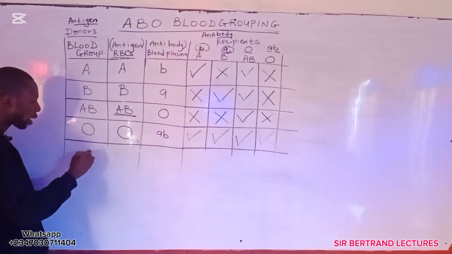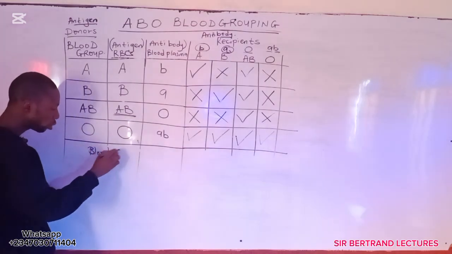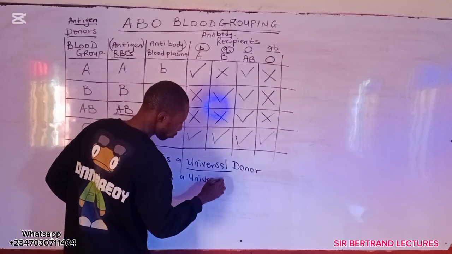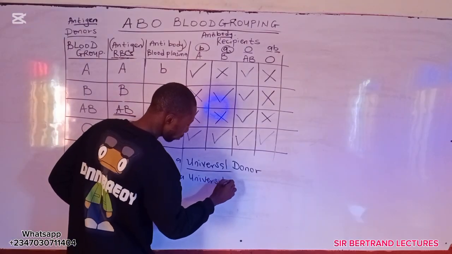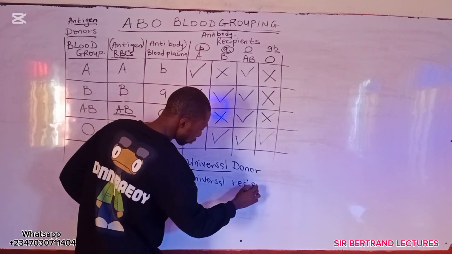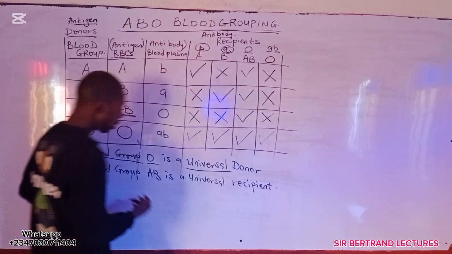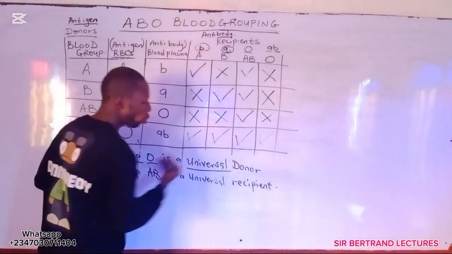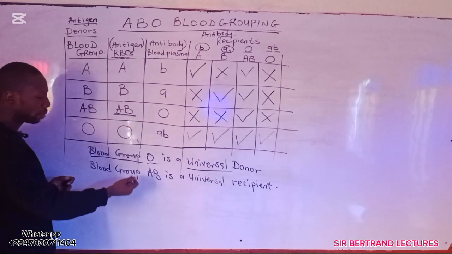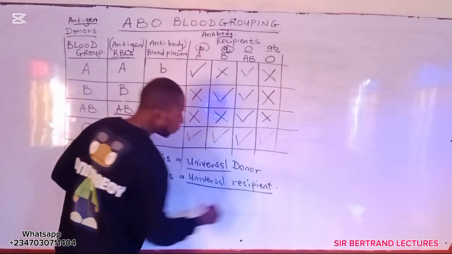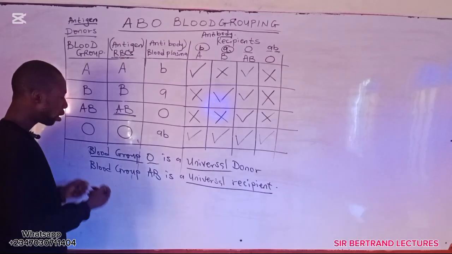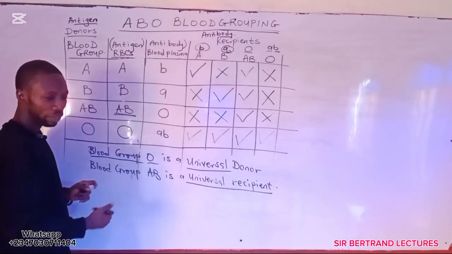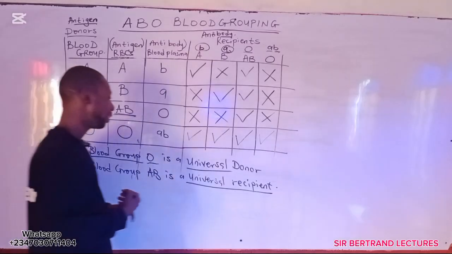Okay, if you look at the donor side, the one that donates blood to every recipient here is blood group O, and that is why you see here, blood group O is a universal donor, and blood group AB is a universal recipient.